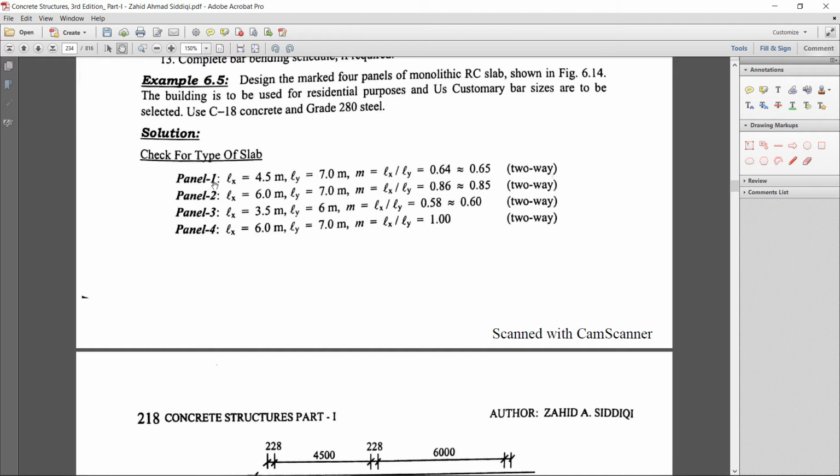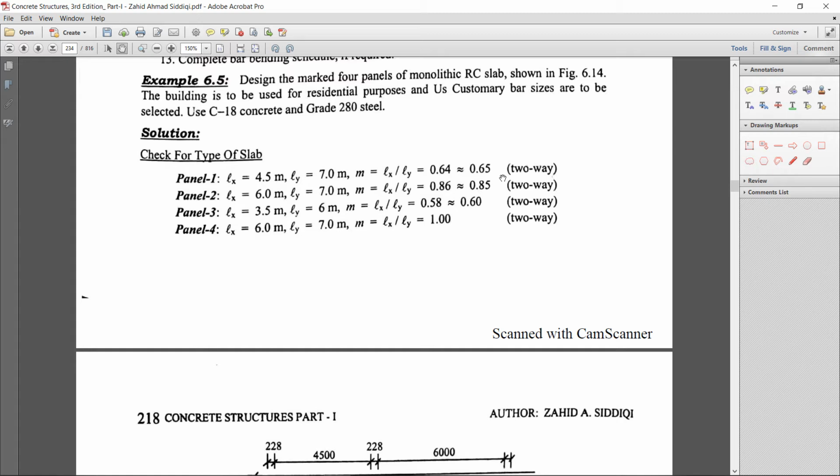Now we calculate m for the calculation of slab thickness. m is the shorter to longer span ratio, 4.5 divided by 7, which is 0.64, approximately 0.65, for a two-way slab.